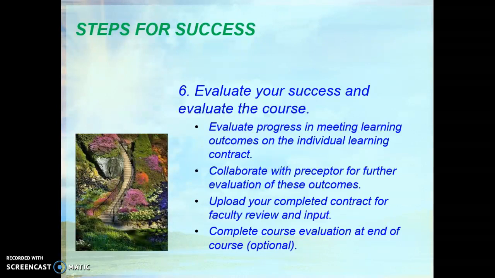You will meet with your preceptor close to the end of the semester to look at how far you have come in meeting these goals that you set up together in the beginning. Once that is completed, you will upload your contract for faculty review and some further input.